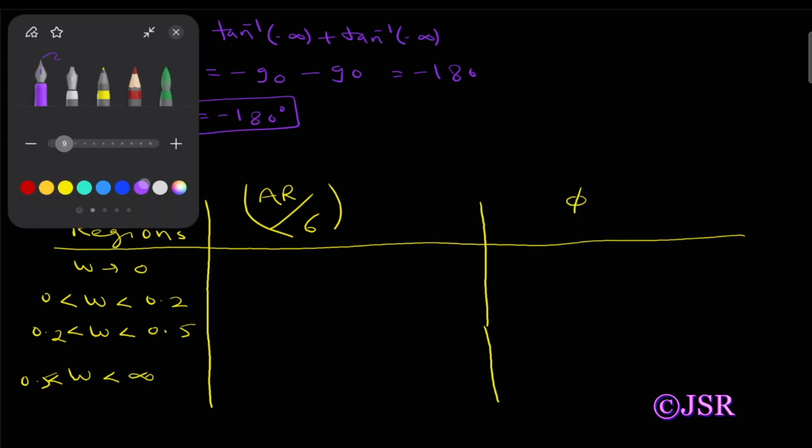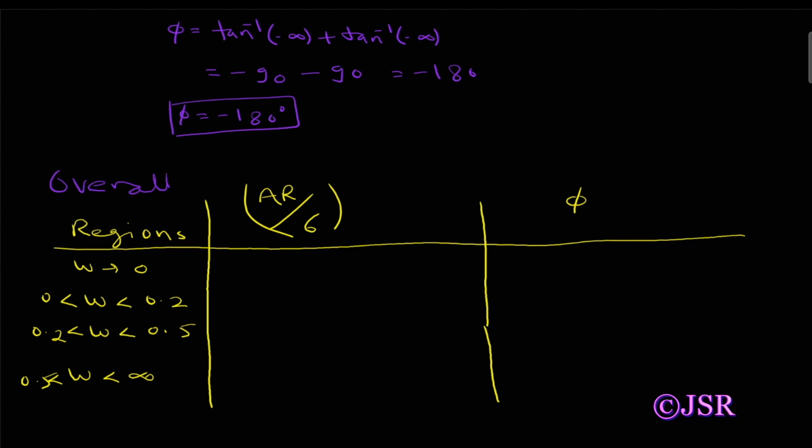So let's put the value of phi when omega is 0. So we have 0 degree.